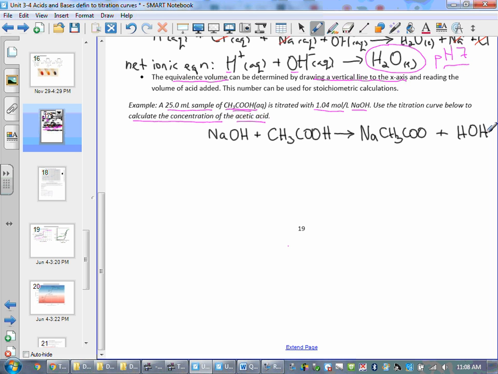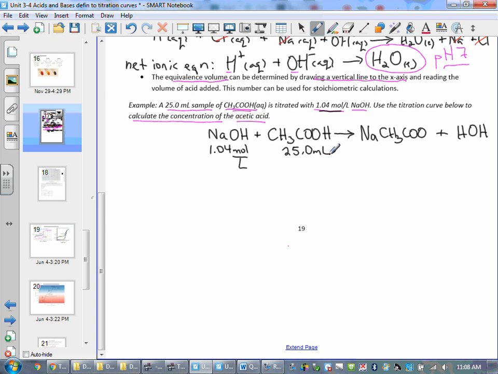What do we know about the sodium hydroxide? It's 1.04 moles per liter. We know its concentration. What do we know about the acetic acid? We've got 25.0 milliliters. That's all our question tells us so far. What are we asked to figure out?